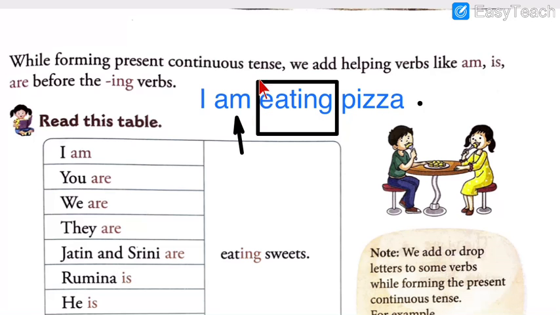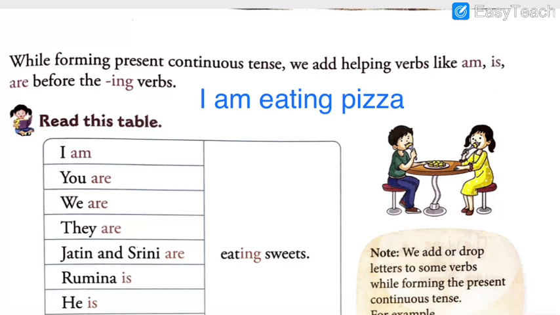No. We need to put am if we need to complete the sentence properly. So I am eating pizza. Am is playing the role of helping the main verb eating in completing the sentence, and that is the reason why it is called helping verb. Not necessary that in all the sentences am is only used as a helping verb.